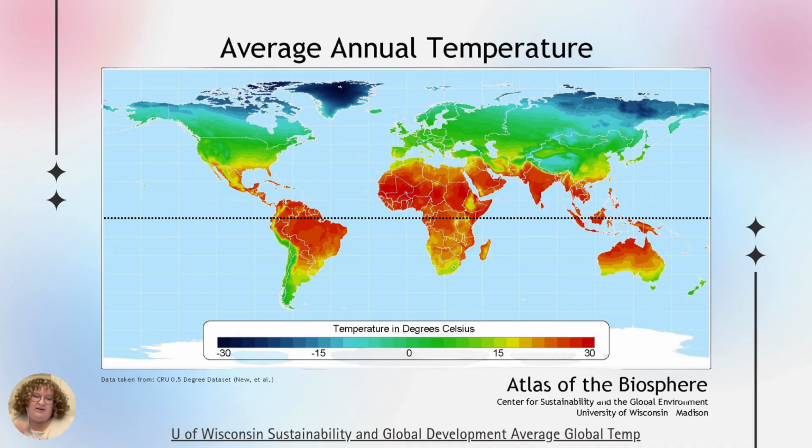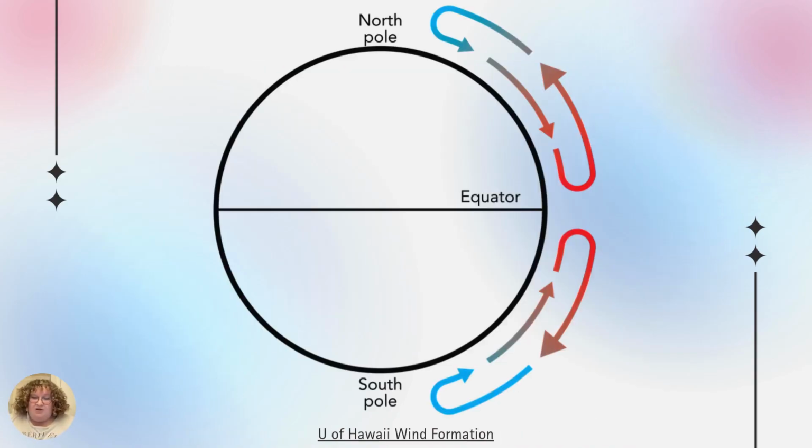So this creates an imbalance across the planet. This imbalance is not really an equilibrium, right? And the planet doesn't really like that. It wants to balance itself out. And that creates a generalized circulation from the equator to the poles.